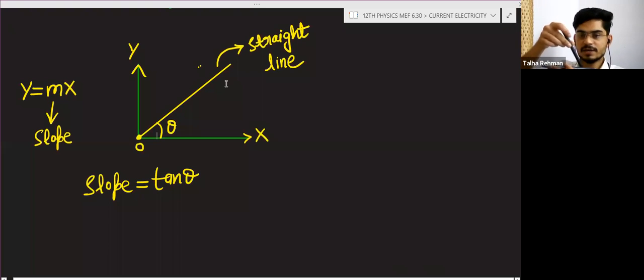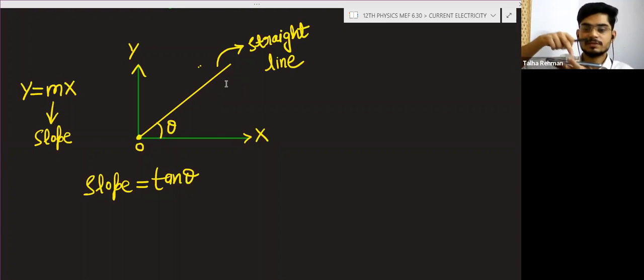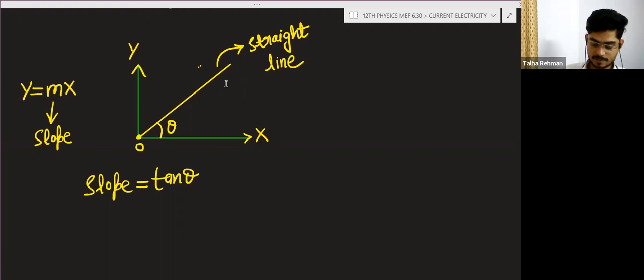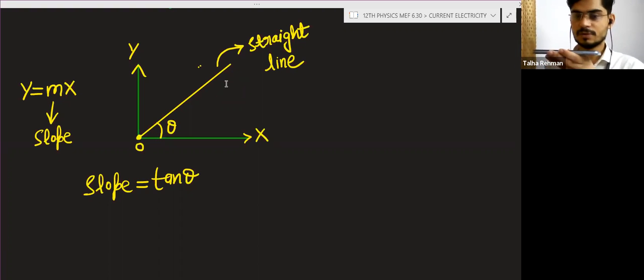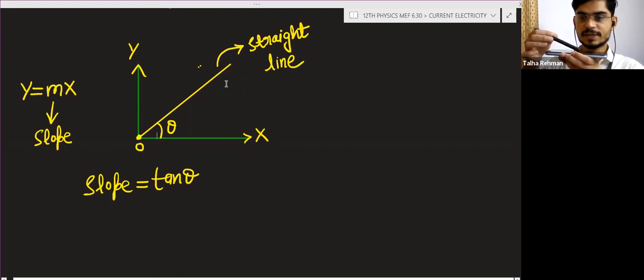This is a straight line, and suppose this straight line is making an angle theta with this plane. See here. This is the horizontal, and this line is making an angle theta. And slope is this, means the tilt, how much the line is tilted like this.